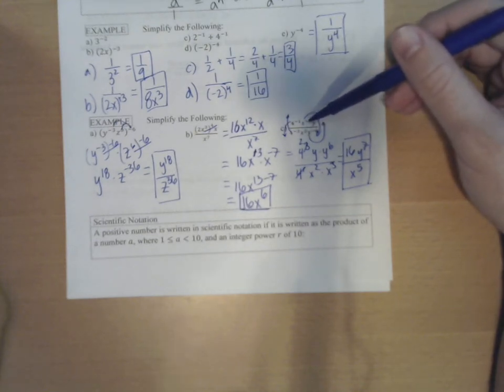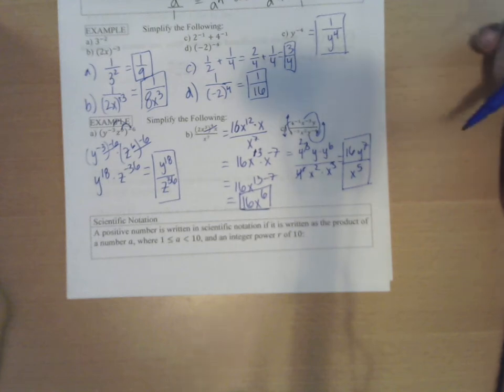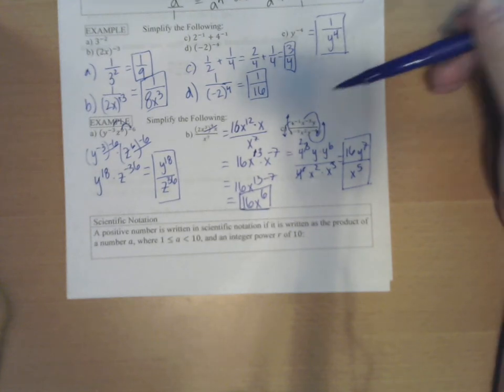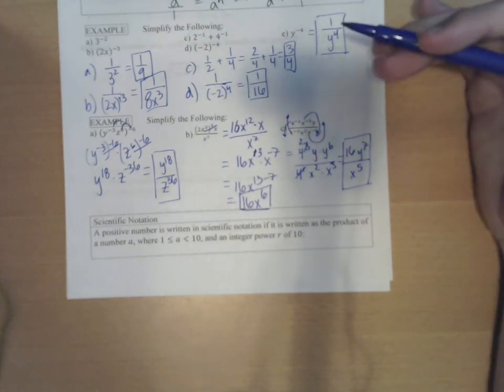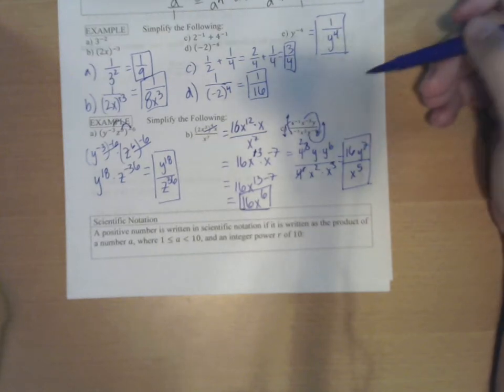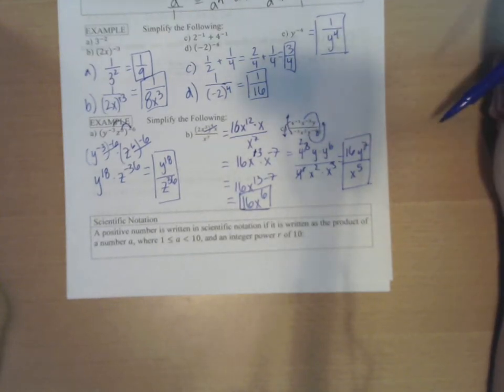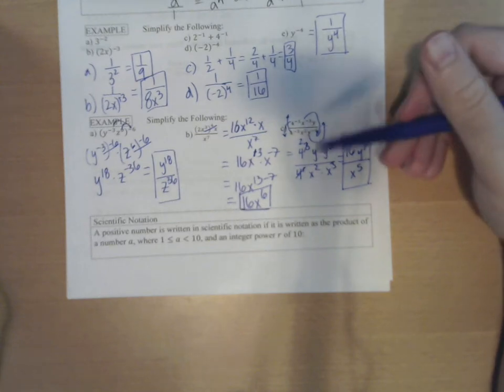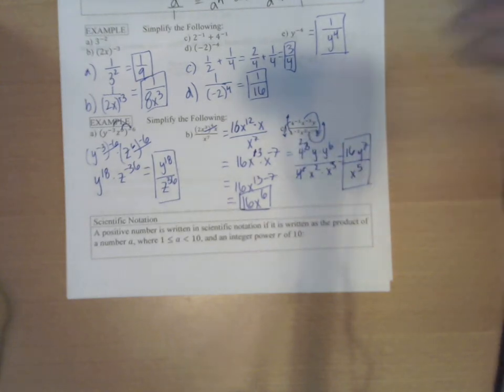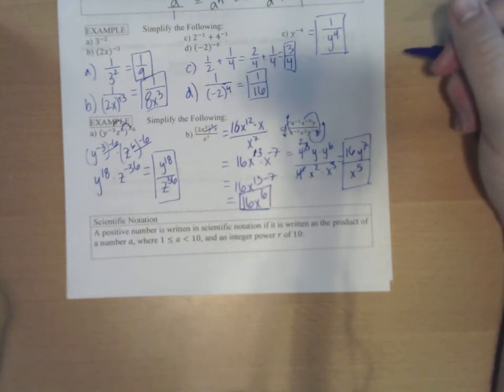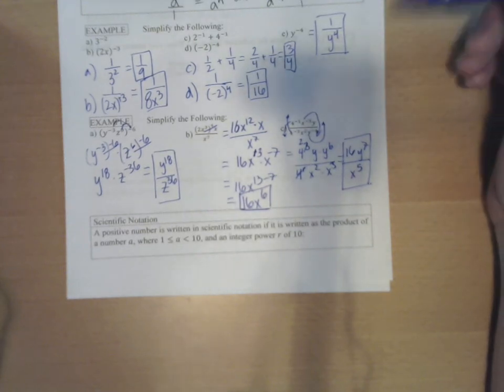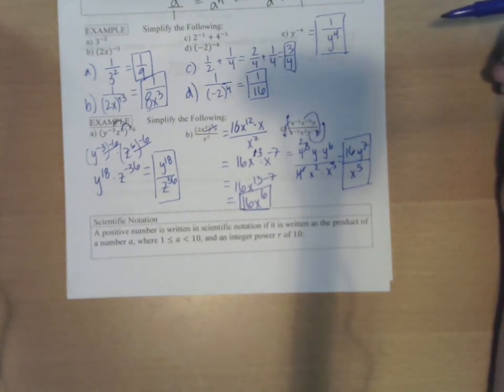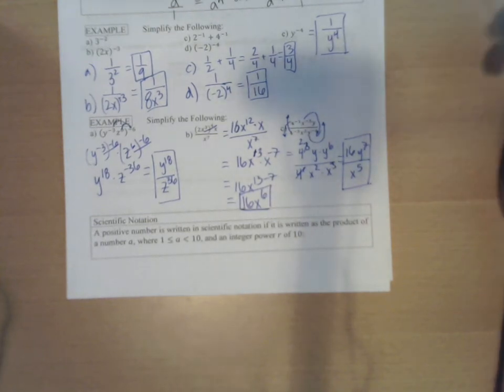You're canceling a negative 3 on the exponent, which is not what we did over here. So it's opposite of what I just said for variables. But you get the idea. I would recommend that you flip everything first and then simplify. It just makes your life a little bit simpler, and you don't have to worry about whether the negative needs to be canceled as a negative, or as a positive, and so forth.